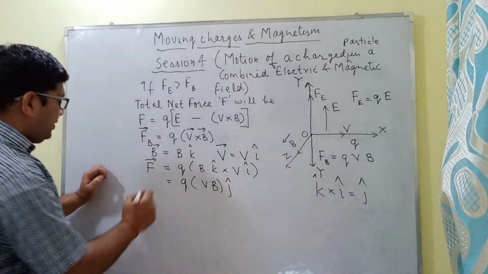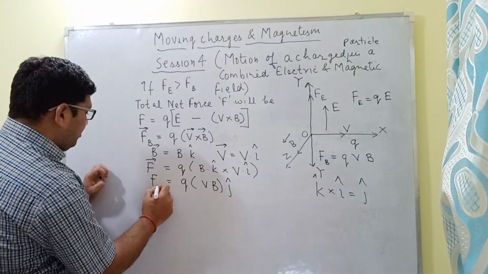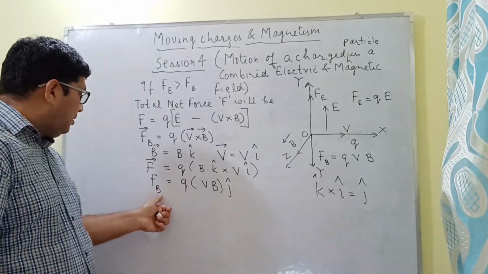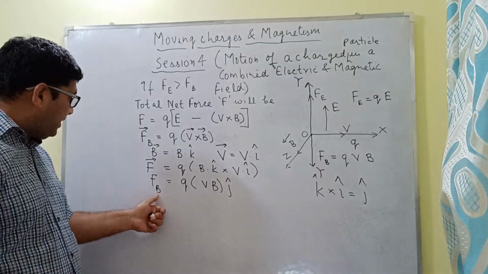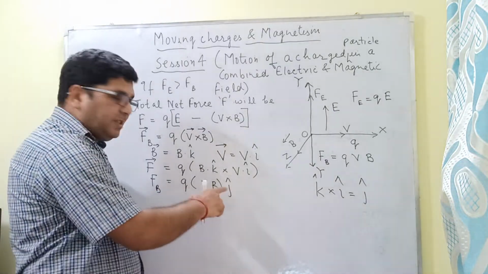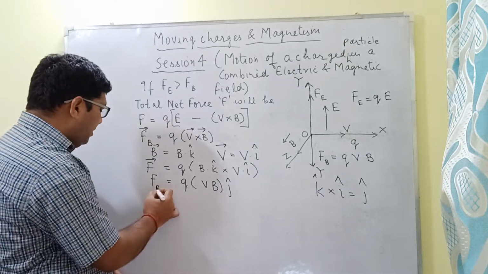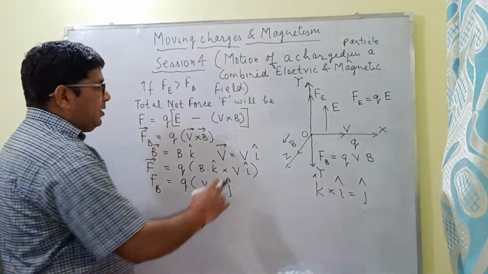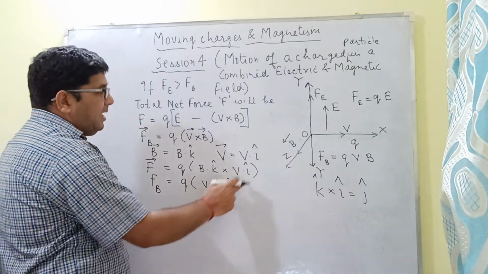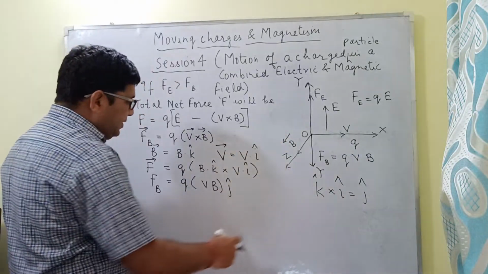That is, this magnetic force is equal to Q VB j cap. J cap is giving you the direction of this magnetic force. Now in this case, j cap is the unit vector along the y-axis.